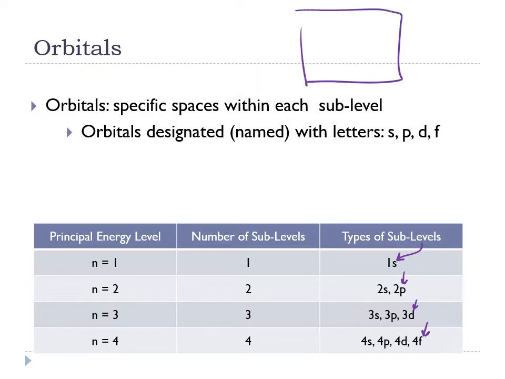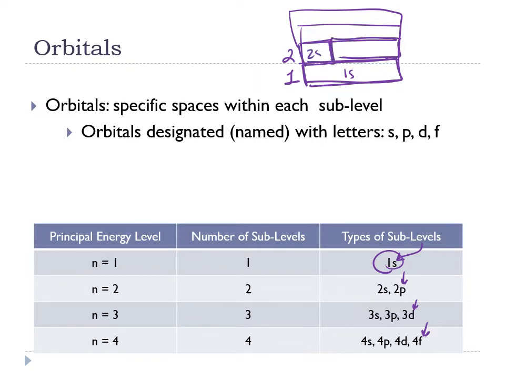Remember in our apartment building analogy, we had those floors. Energy level number 1, that first floor, only has 1 apartment. We're going to call that the S. Energy level number 2, that second floor, has 2 apartments. We're going to call those S and P. The third energy level, that third floor of the apartment building, adds another apartment.